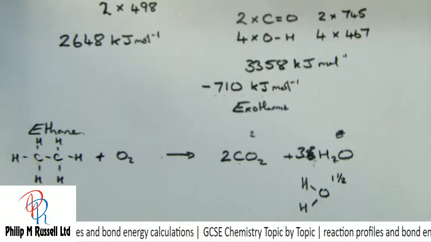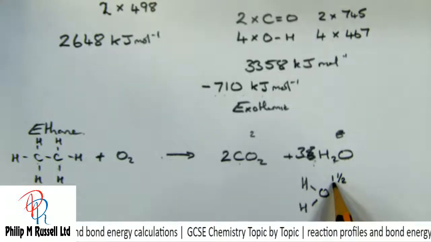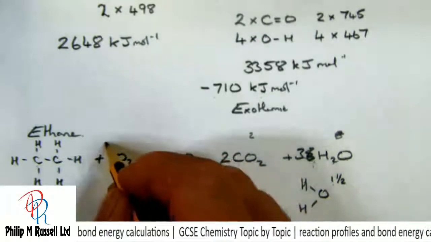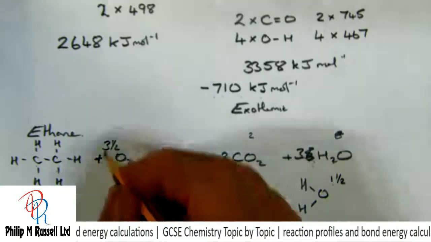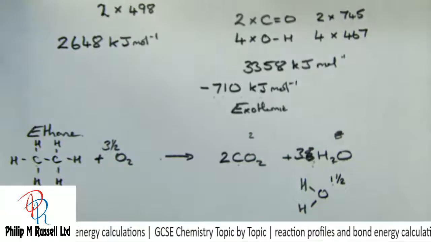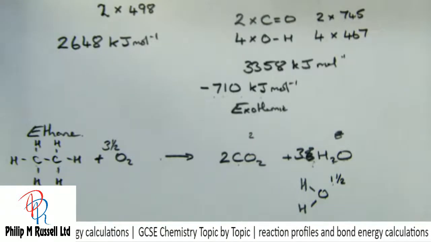Oh, this isn't very nice, is it? So that's going to mean we'd want 3.5 on this side. Well, chemistry's not going to work very well like this, is it?